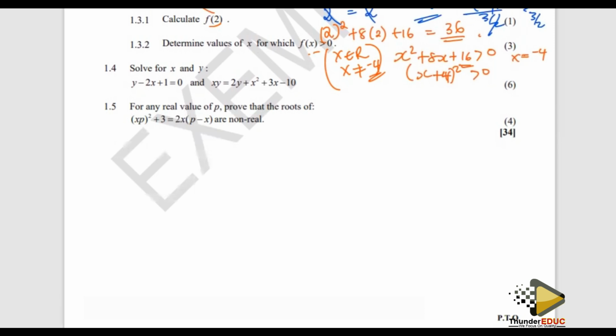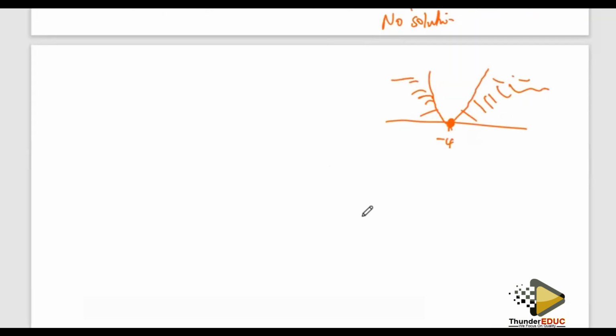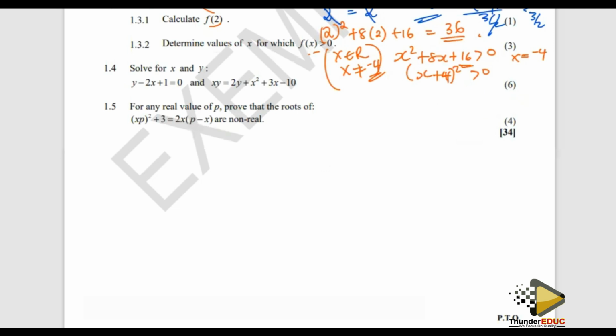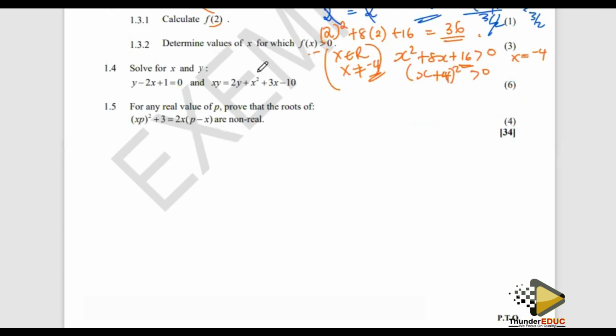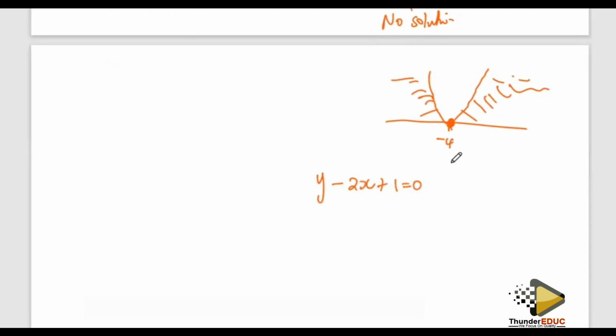So this is simultaneous equations. They're telling us that y minus 2x plus 1 is 0. Then the second equation is xy is equal to 2y, x squared plus 3x minus 10.